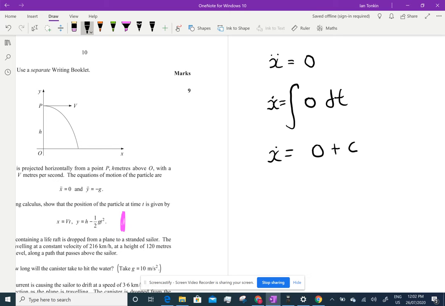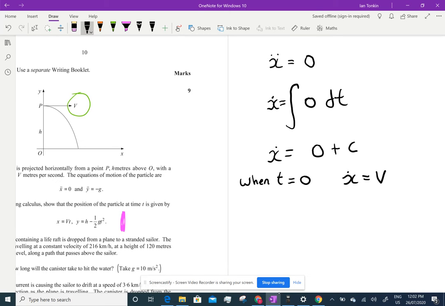We know when t equals 0 that velocity equals v.